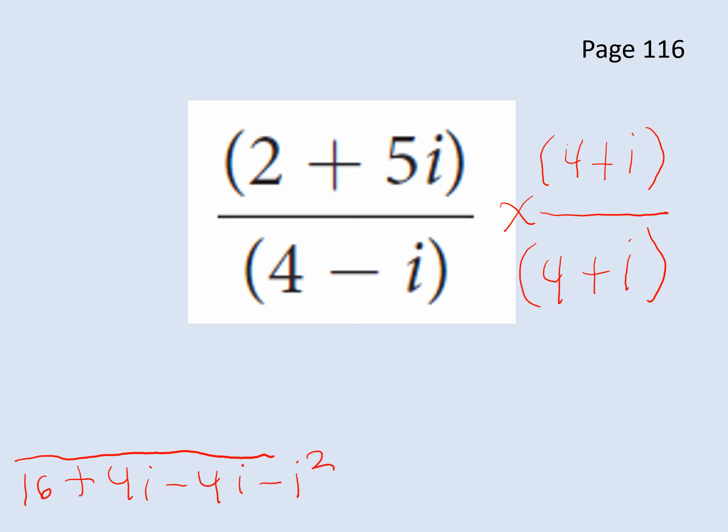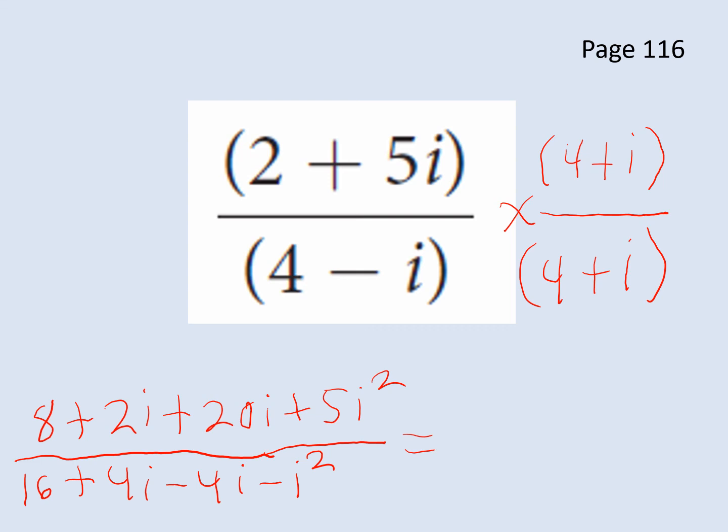Next, on the top, we have 8. Then we have plus 2I plus 20I. And then we have 5I times I equals positive 5I squared. Just carry on the little line.